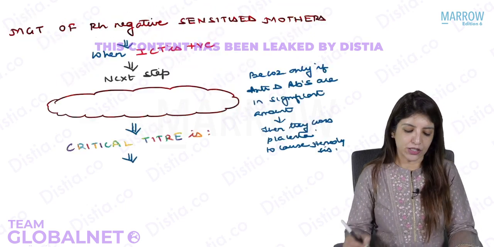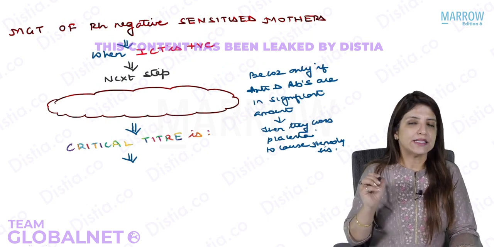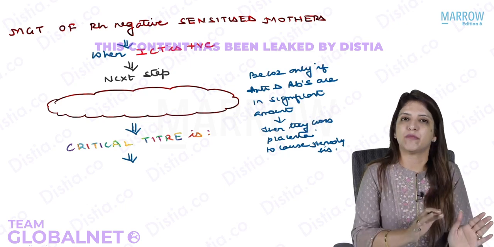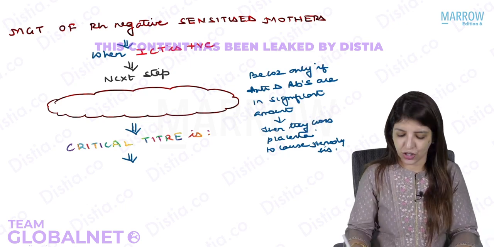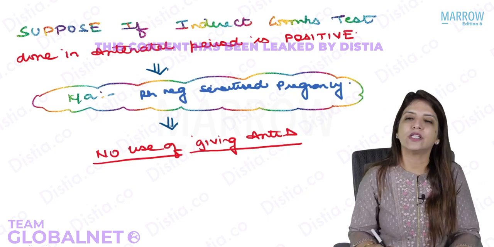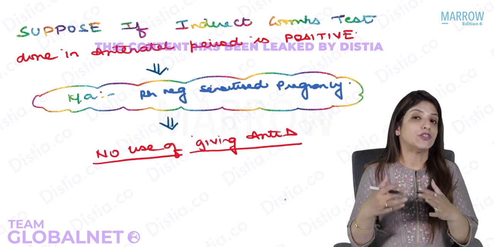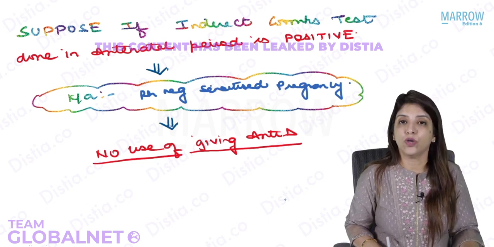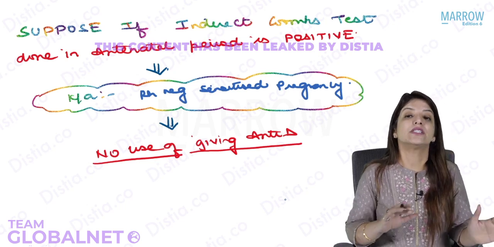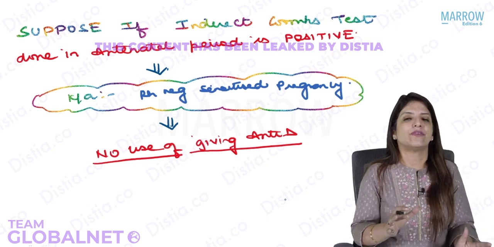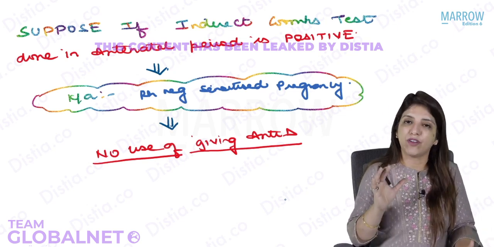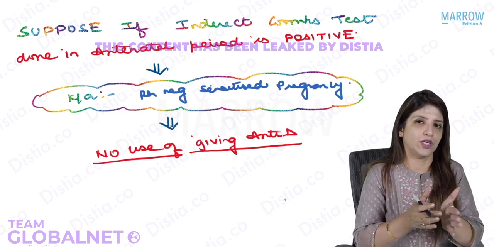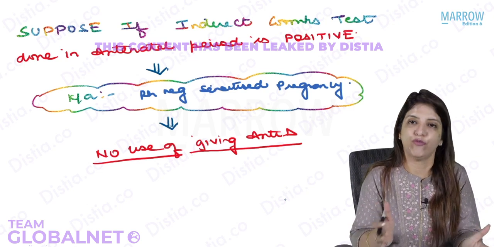In such females, how should I manage? If the fetal RBCs have entered into mother's circulation and they have stimulated the immune system, now the mother is producing antibodies against Rh antigens. Now I told you that if IgG antibodies are in significant amount, then they will cross the placenta and lead to the entire cascade of events.